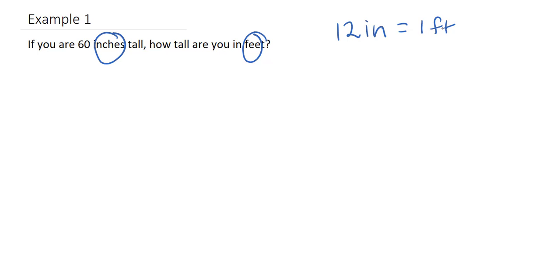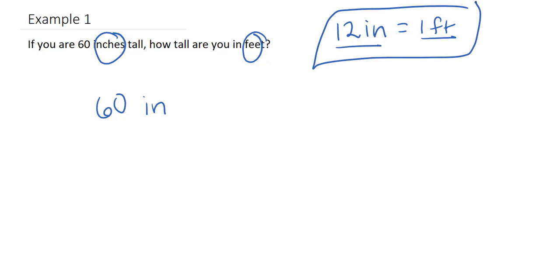So now if we know 12 inches equals 1 foot, now we need to set up our conversion. How we do that is we start with 60 inches. So we have 60 inches and we need to get to feet. So how do we do that? Well, this is the relationship that we need. We need to get rid of inches.